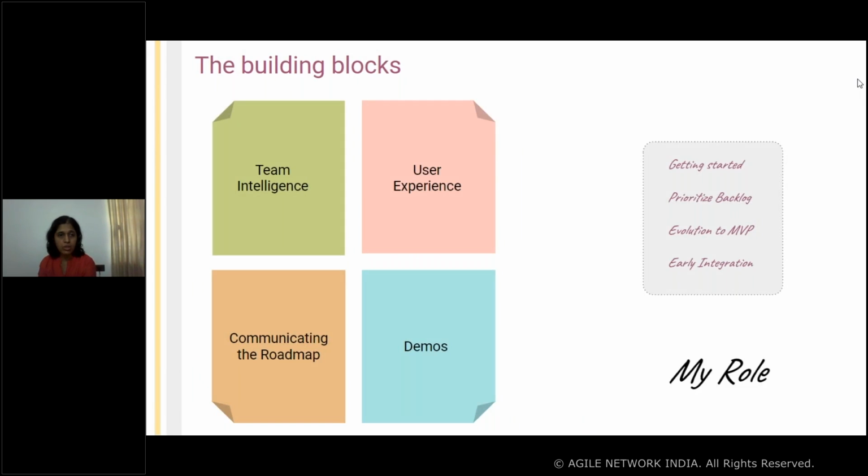Now the building blocks. In my experience, the building blocks in this project, which I have mentioned here, start with team intelligence. This is something I have to elaborate on a bit. When we talk about clinical research and the guidelines we followed for the standardization process, they run to something like 400 plus pages.